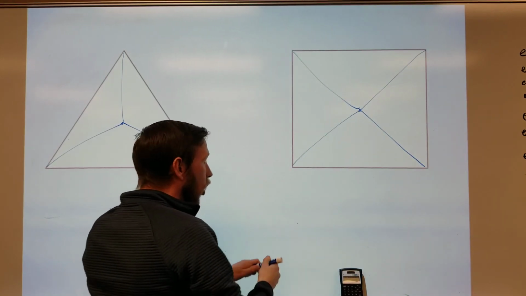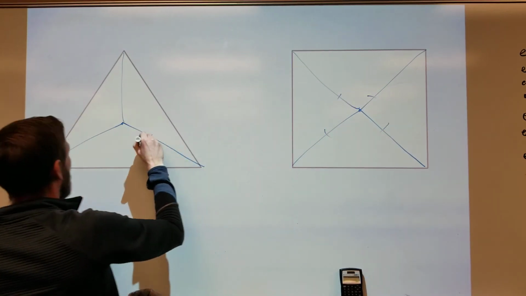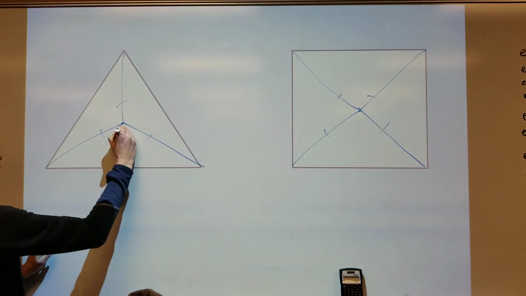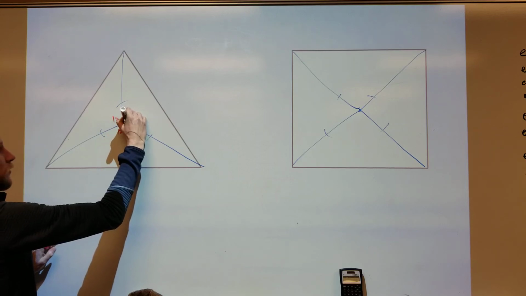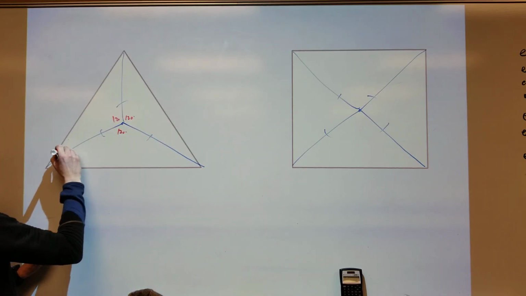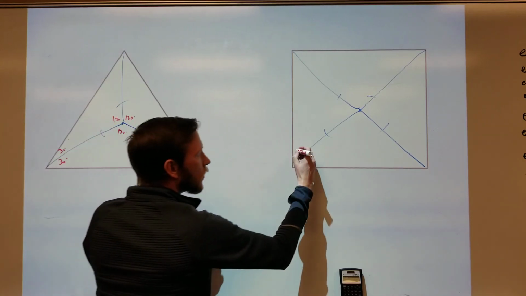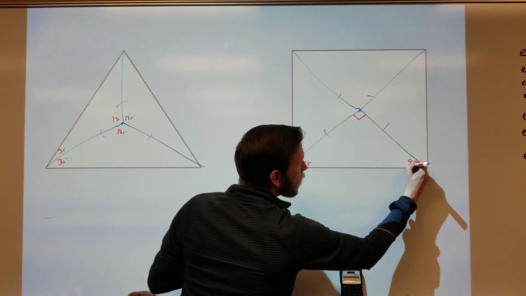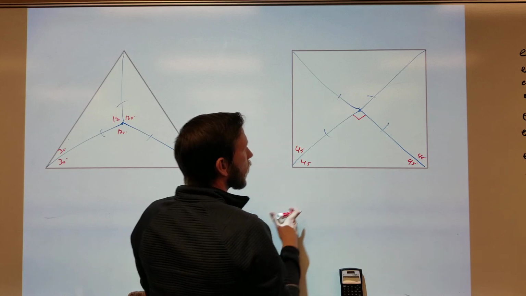Those radii are all congruent, so these are isosceles triangles, all right? But I want to make sure that we know the measures of our angles here. All right, so that you have that.